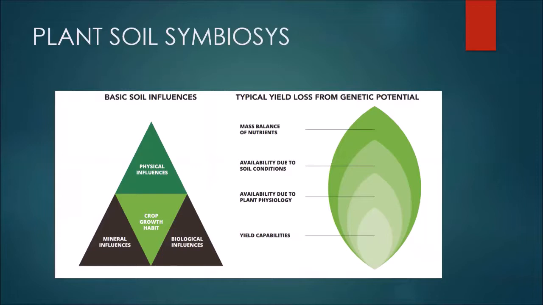So when I refer to mass balance of nutrients, that's the total amount of nutrients that's actually in the soil physically. Now, as many of you may know, due to soil microbiology, soil biochemistry, plant physiology, root health, and so on and so on, there's a lot of limitations that may happen at different times of the year.